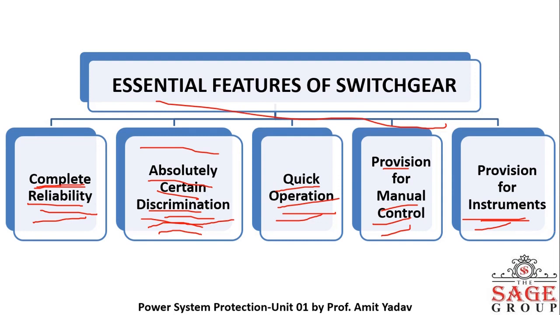So there must be provision for instruments in the switchgear equipment so that we can measure voltage, current or any other electrical quantity as per our need. These five are the very important essential features of switchgear.